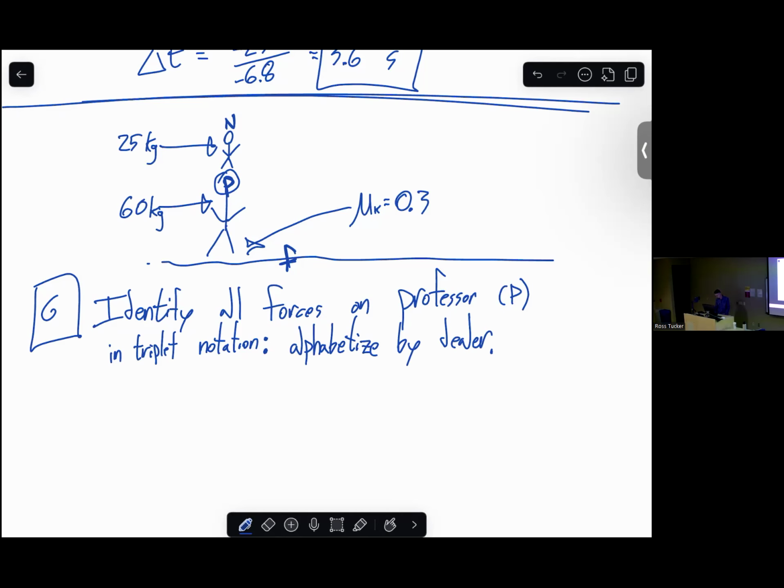Hint. He's not going anywhere. Let's say the static friction is 100. Not actually realistic, but I'm going to pick something to make sure he doesn't. Okay, people who are saying things, that's not what I'm asking for. I'm asking for forces.